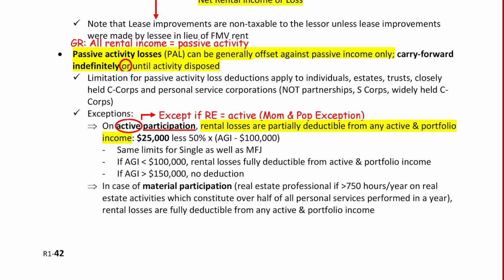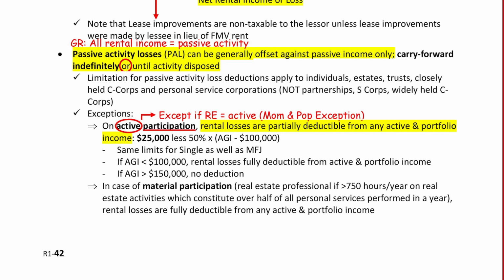But here there's a limit, right? Up to $25,000. So the taxpayer can deduct only up to $25,000 of rental losses from other sources of income like active and portfolio income.